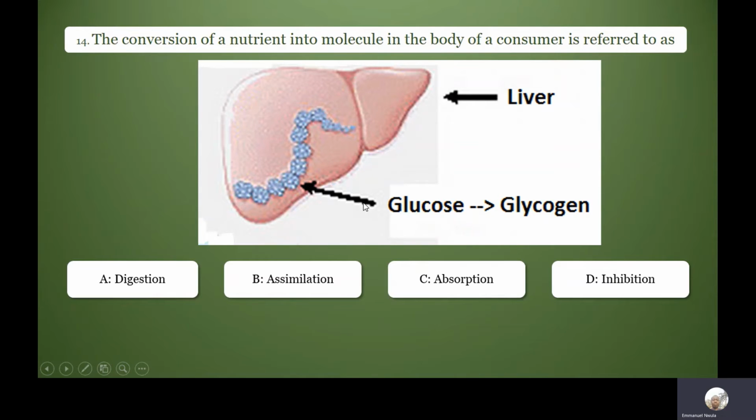For instance, you eat a carbohydrate food, it is broken down to glucose, carried to the liver, and the liver converts the excess glucose to glycogen. That's an example of assimilation. When the body makes use of the nutrients, that's assimilation.